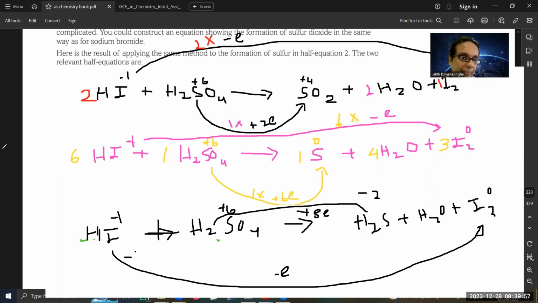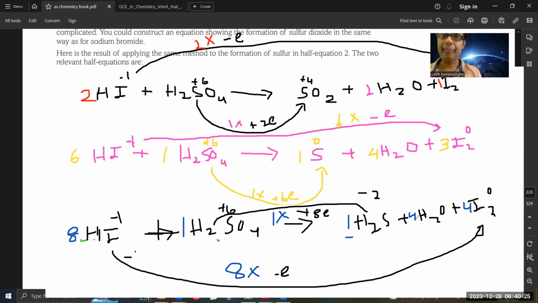That means I have to multiply this equation by 8, this equation by 1. 1 here, 1 here, 8, 8, 8 here. But this one 8 means 4. Now we have to balance the hydrogen. Hydrogen this side 10. I can't change this one, 2 already there. To get 10, we'll put 4.